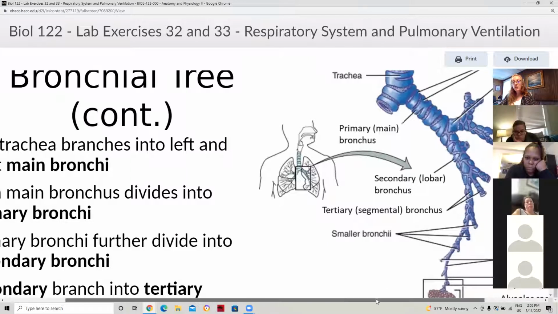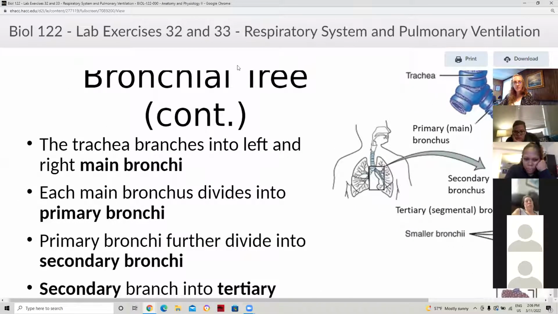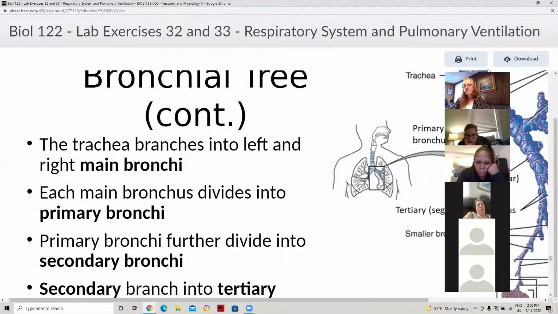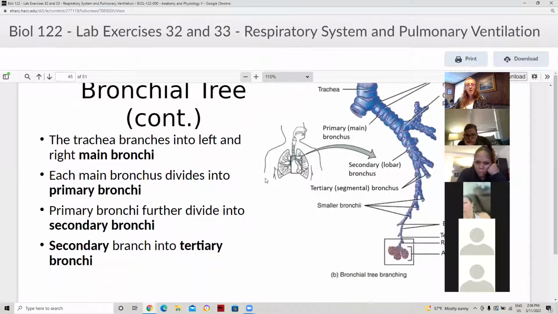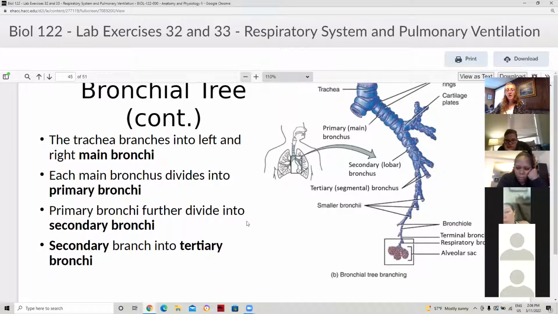So the trachea branches into the right and left main bronchi. Each main bronchus divides off into the secondary. This slide is not right, I'm going to fix this later.